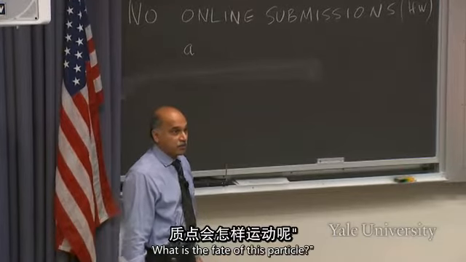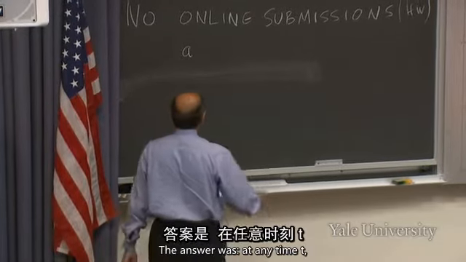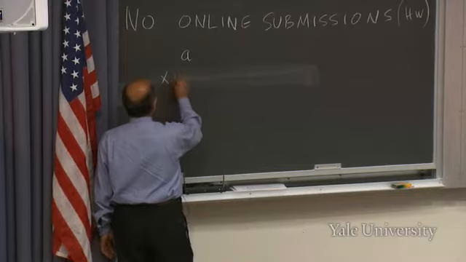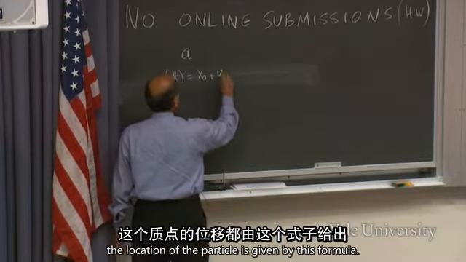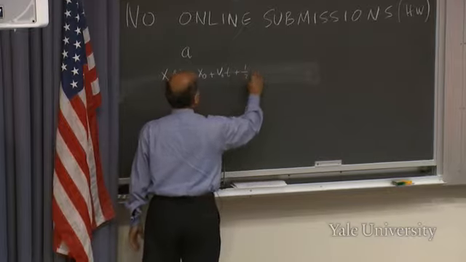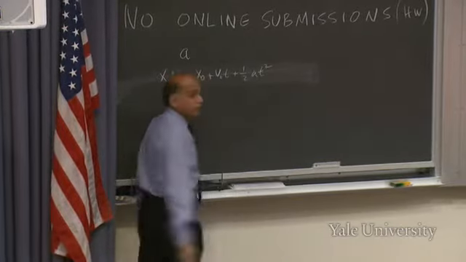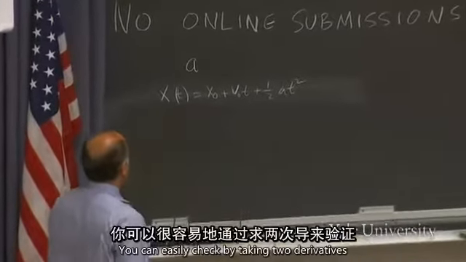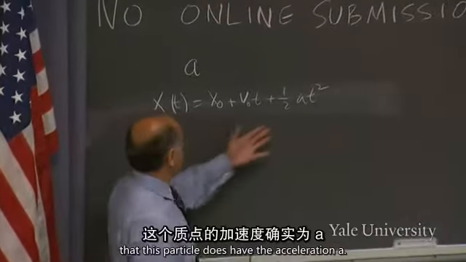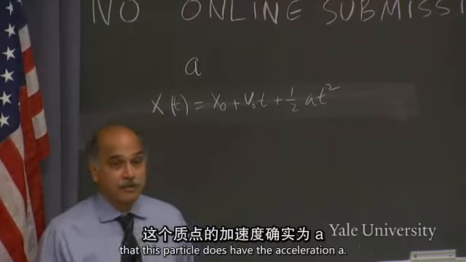What is the fate of this particle? And the answer was, at any time t, the location of the particle is given by this formula. You can easily check by taking two derivatives that this particle does have the acceleration a.